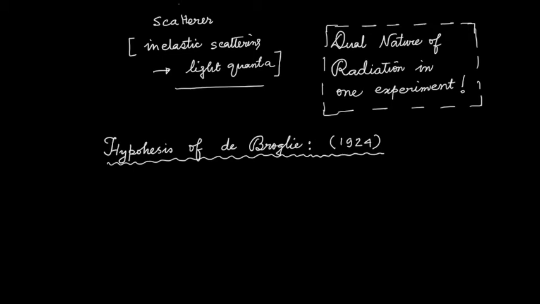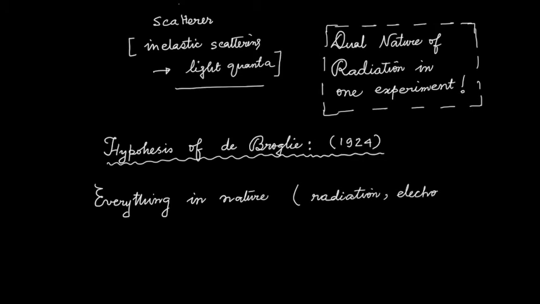So what he said is a very bold statement. Till now, what people had seen is that radiation has dual nature, but de Broglie says this: everything in nature, so light, or should I say radiation, so this is electromagnetic radiation.